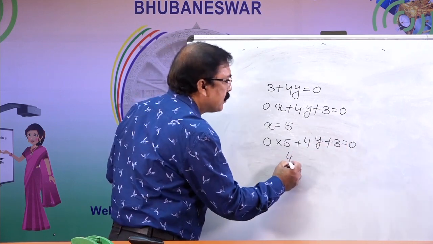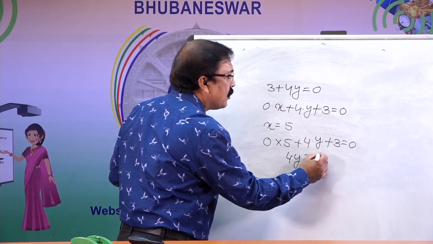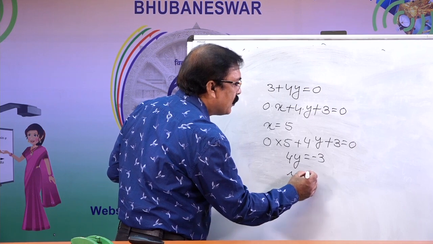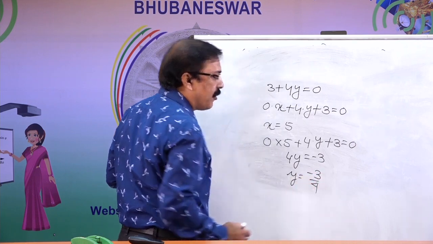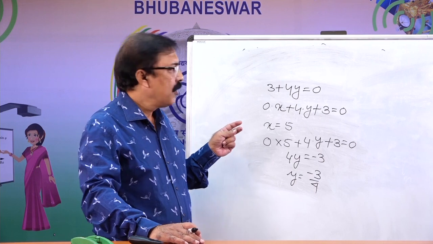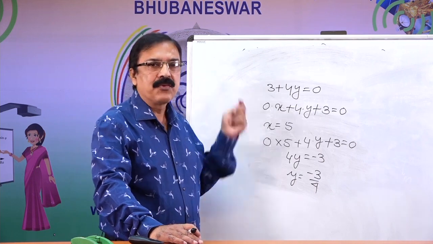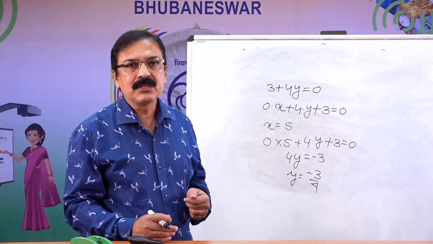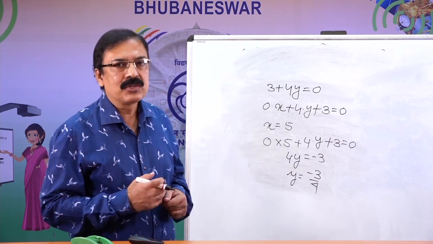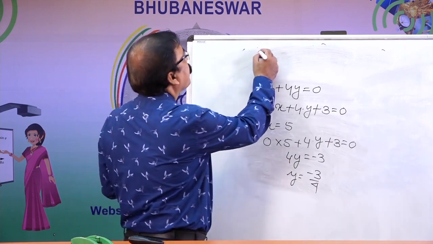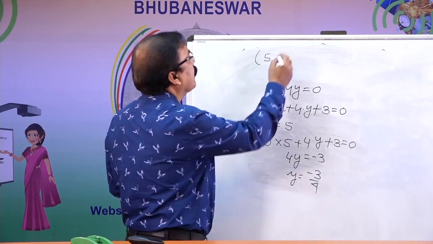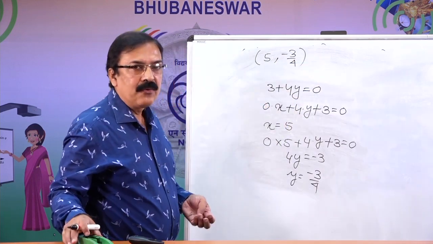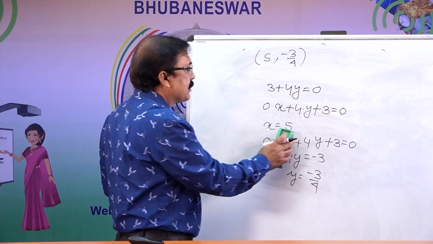This gives 4y is equal to minus 3 and y is equal to minus 3 by 4. So by expressing this as a linear equation in two variables, we have a solution like this: 5 and minus 3 by 4.